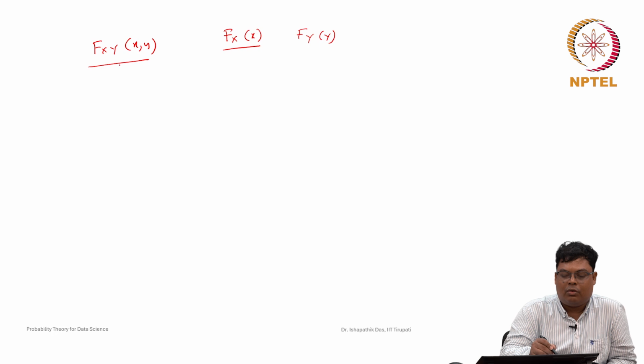Now, we want to know the properties of the joint cumulative distribution function. Also, we will discuss some numerical examples of the bivariate joint cumulative distribution function of the bivariate random variable X, Y.